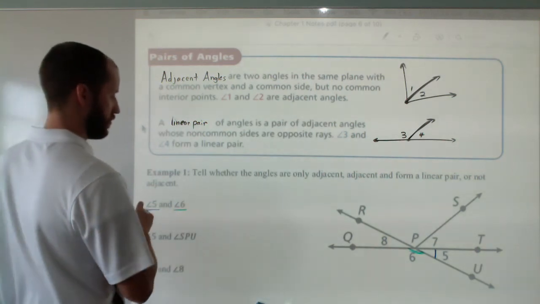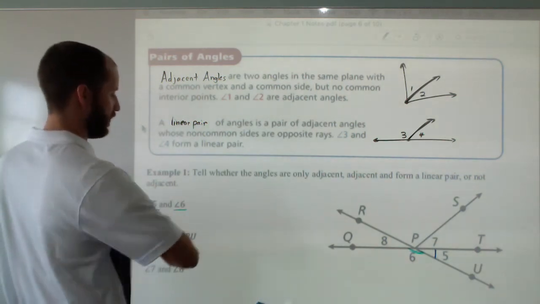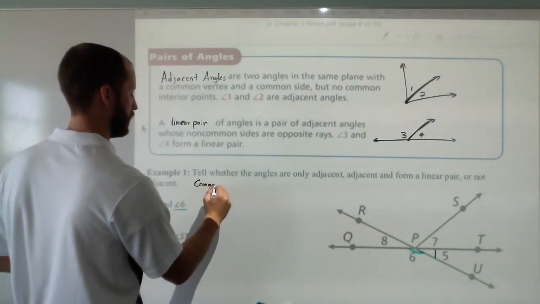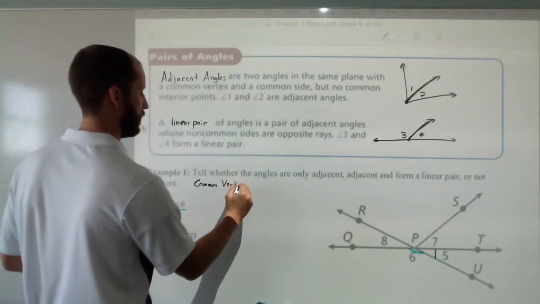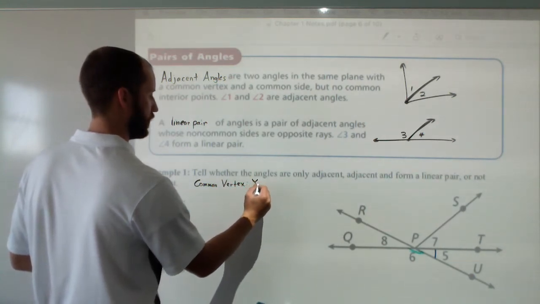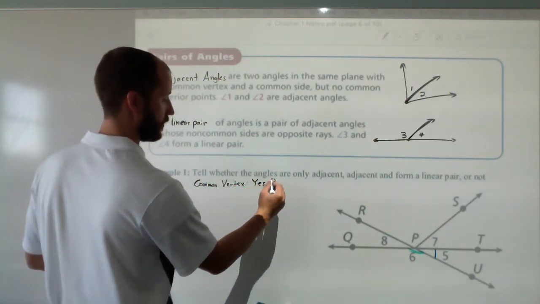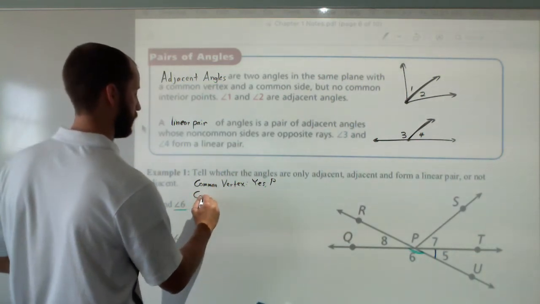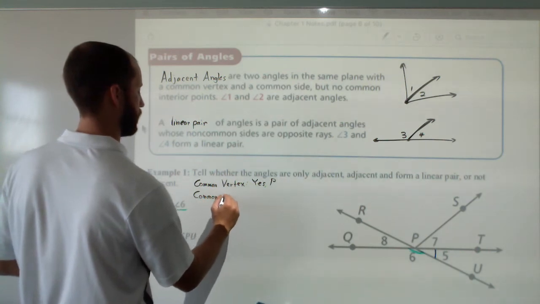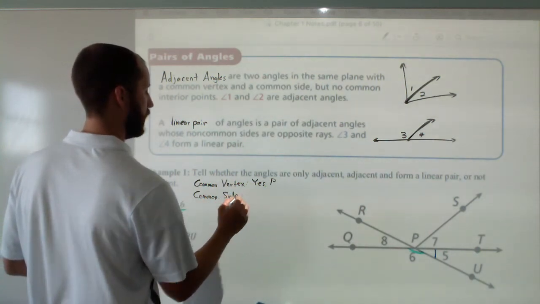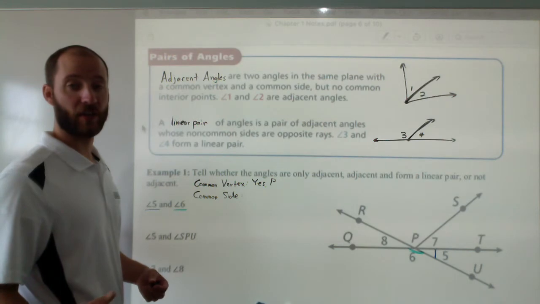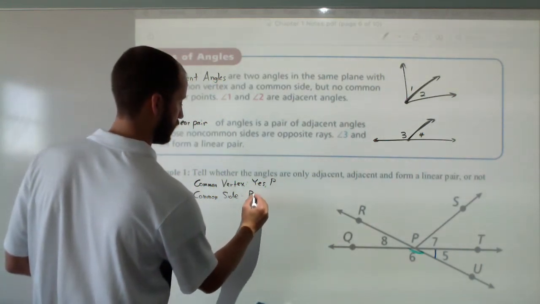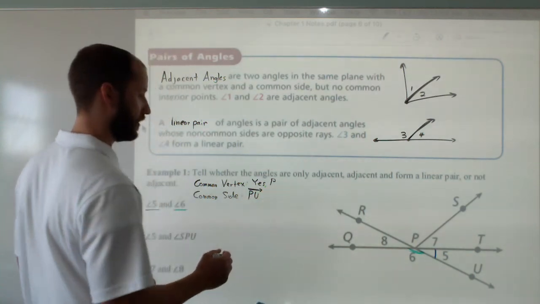So, do they have a common vertex? Yes, they do. Point P. All right, so they're starting to fit our definition. Do they have a common side with each other? Do they each share a ray? Well, yes, they do. Ray PU.